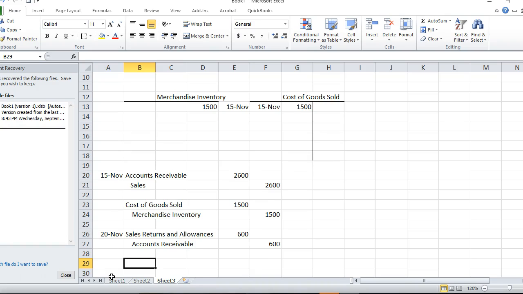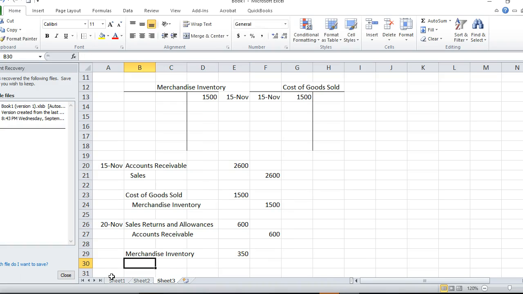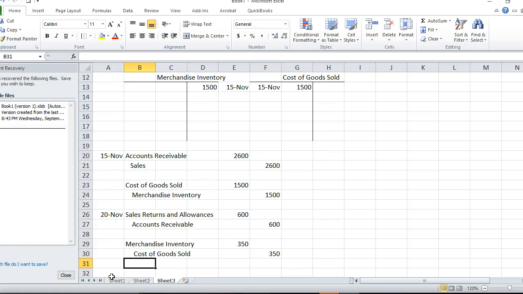Likewise, on this same date, we also need to show that our inventory has gone back up, hasn't it? And what we thought we sold, we didn't sell. So we will then debit our merchandise inventory of $350 and credit our cost of goods sold of $350. We didn't sell it anymore, did we, guys? Make sense?